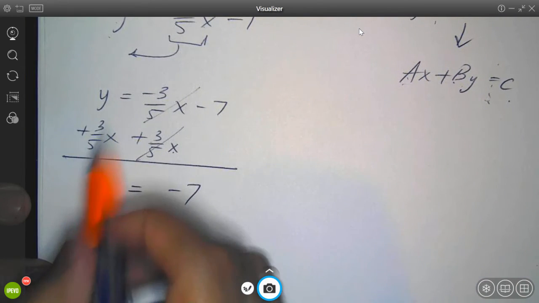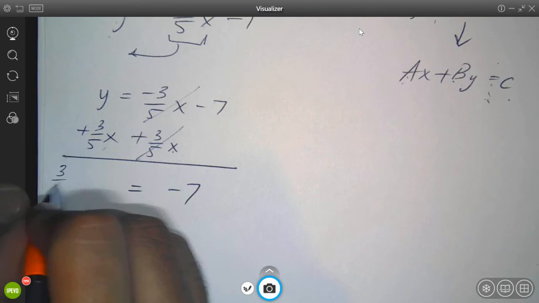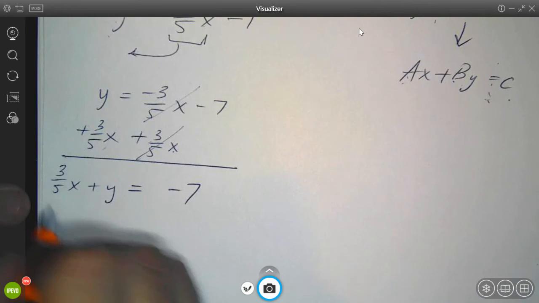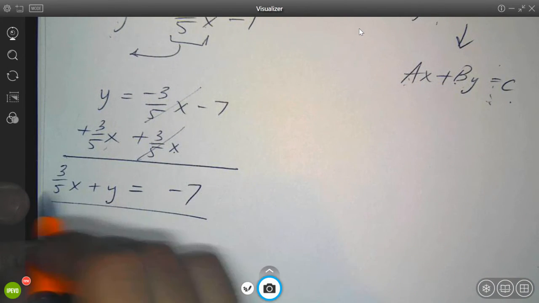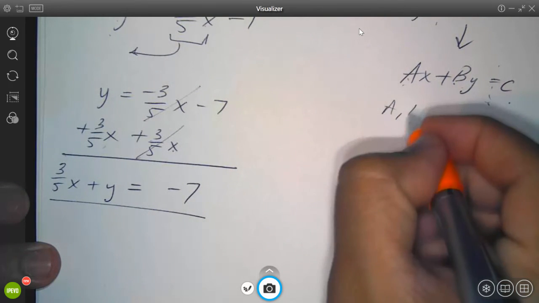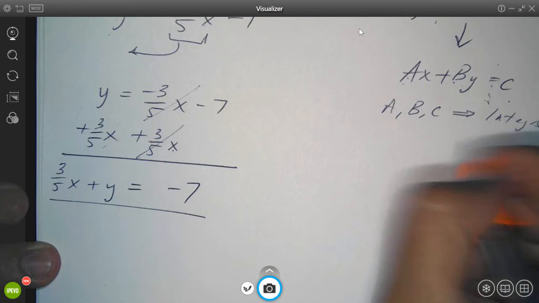Now look, over here, I cannot combine this. So this is 3 fifths x plus y. All right? Now remember, this, even though it's the correct answer, is a big no-no. Why? Because a, b, and c are always integers, meaning whole numbers.